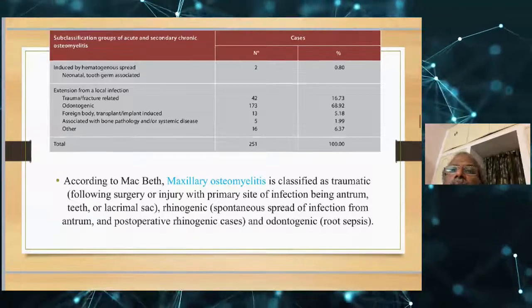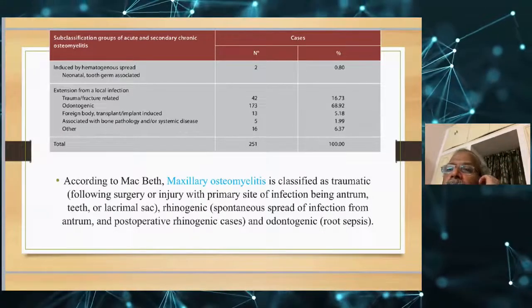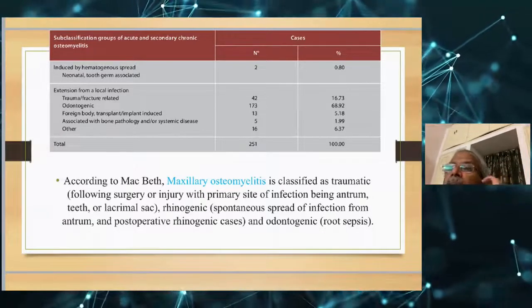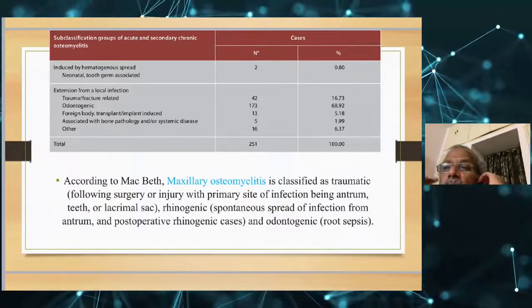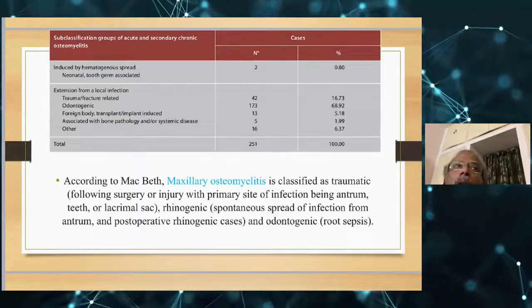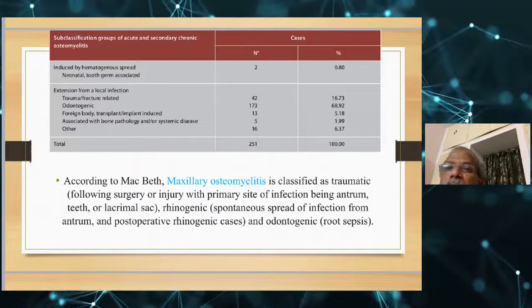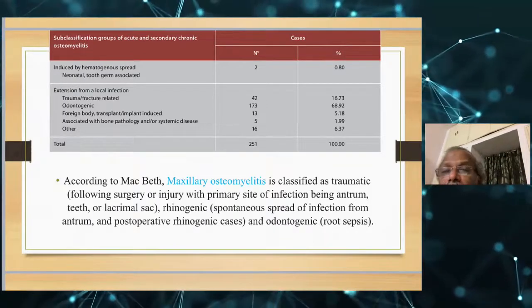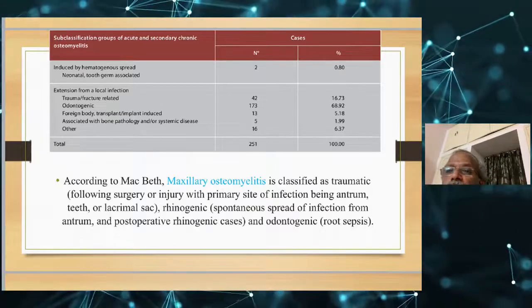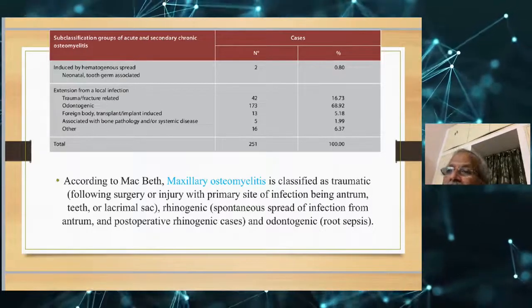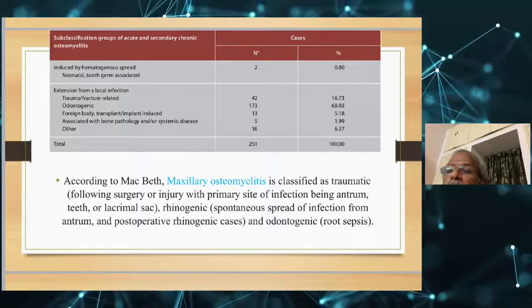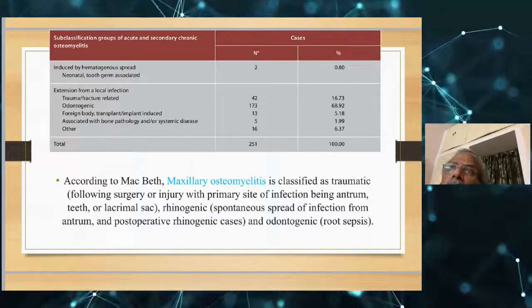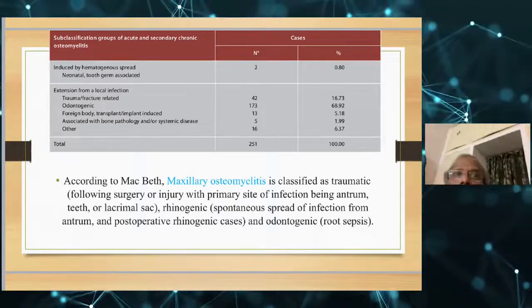Maxillary osteomyelitis is also common with trauma, infection of the antrum, lacrimal sac infection, and spread of infection from other sites. So it is not only odontogenic, that is, of teeth origin.